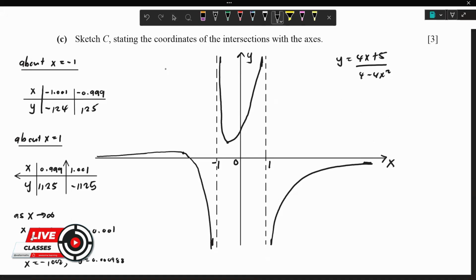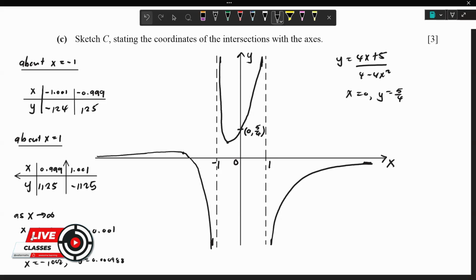So you ask yourself, when x equals 0, what is y? When x equals 0, y is 5 over 4. When x is 0, that's on the y-axis, right? So it has to be 0, 5 over 4 here.